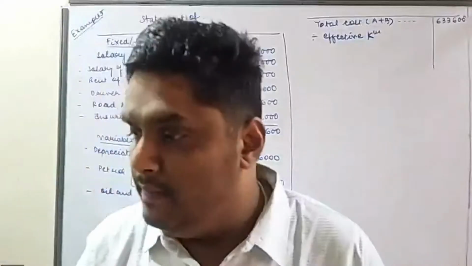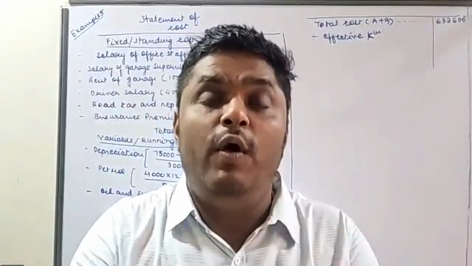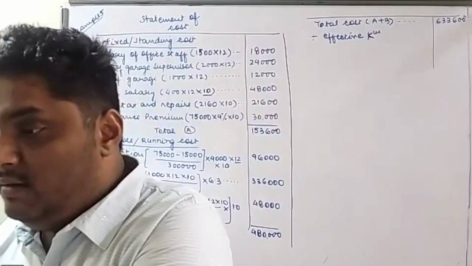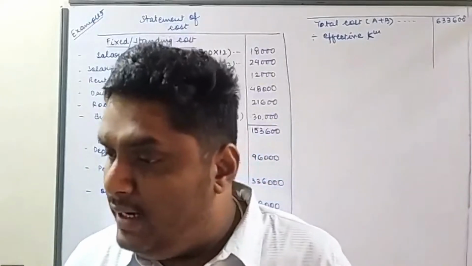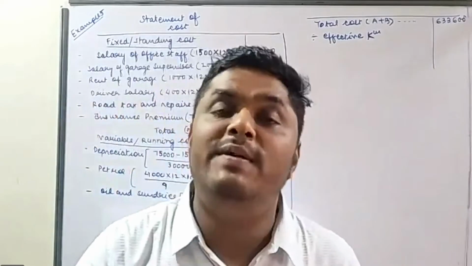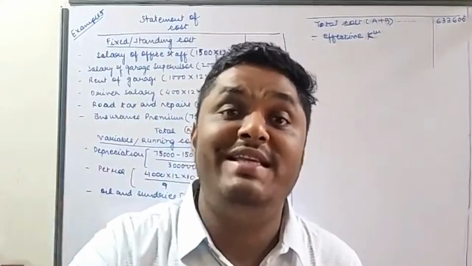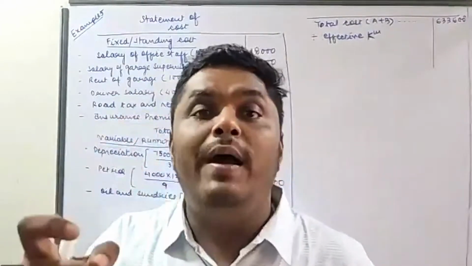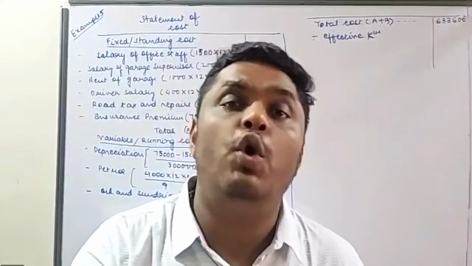Now see, it is given in the question that the taxi runs empty for 20% of its kilometers. This 20% kilometers the taxi runs empty. It means the total cost is to be borne by what? The balance 80% kilometers. It's just like we can say it's a normal loss.